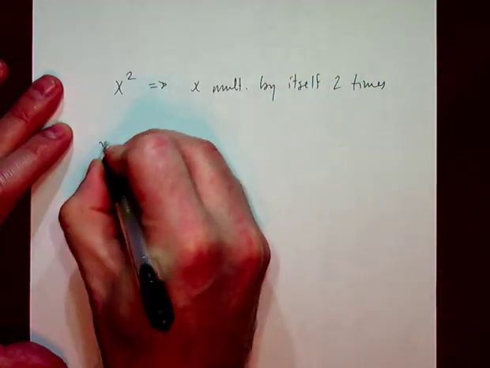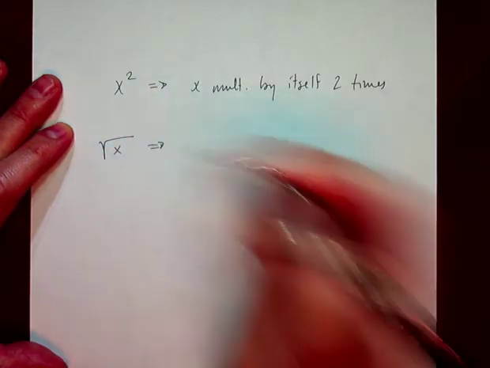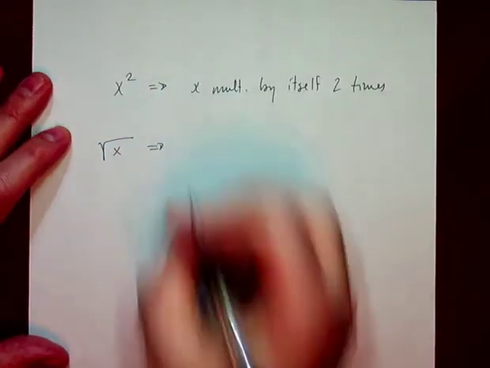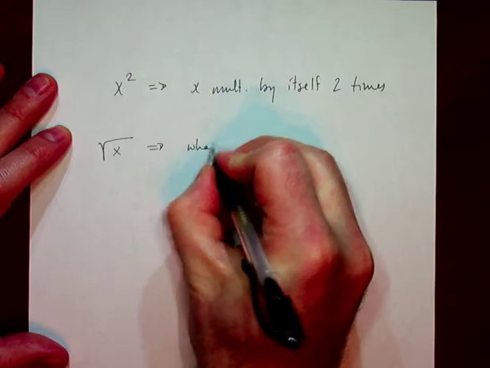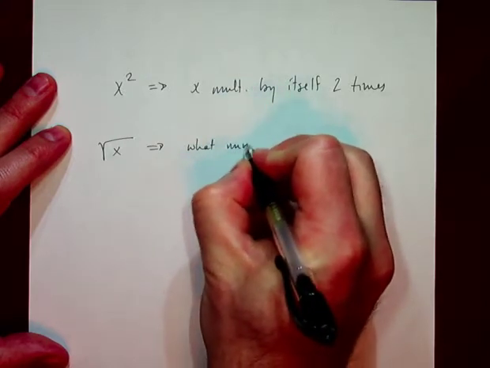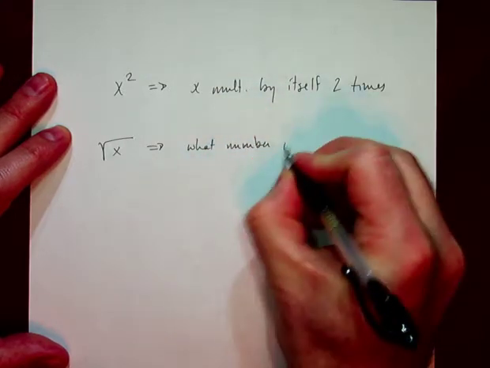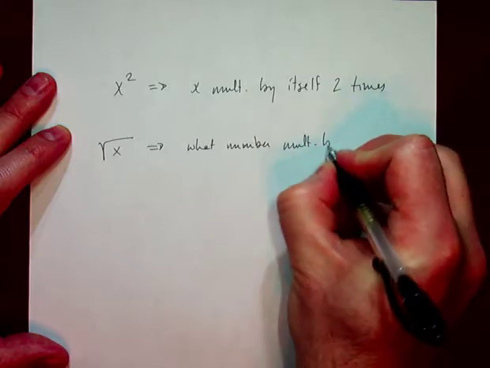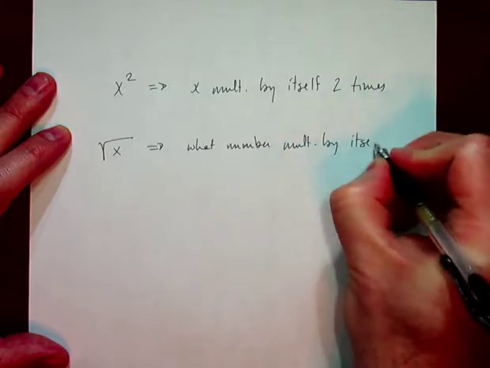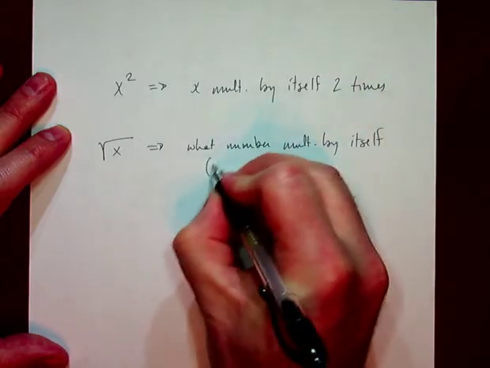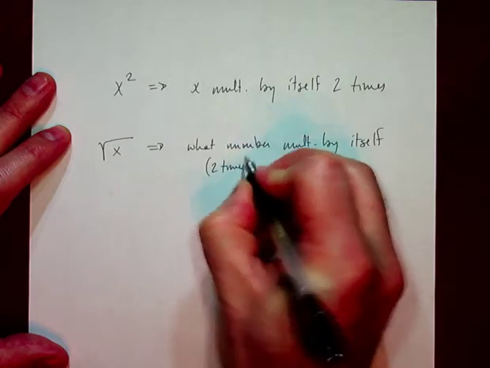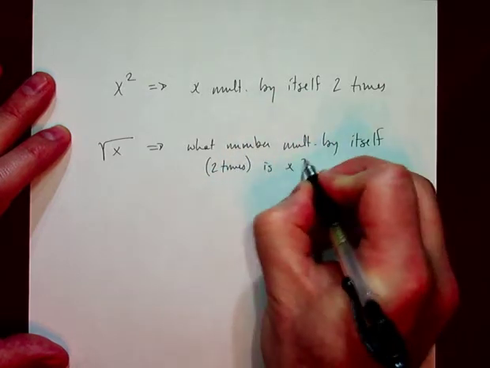The square root of x asks the exact opposite question, which is, what number multiplied by itself, and since it's the square root, it's implied 2 times, right, is x.